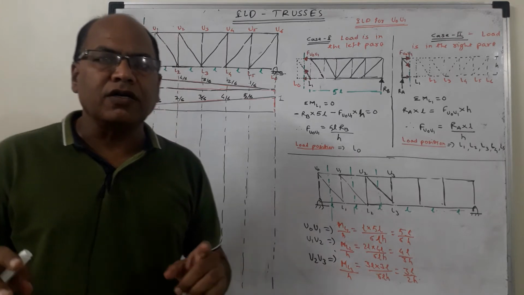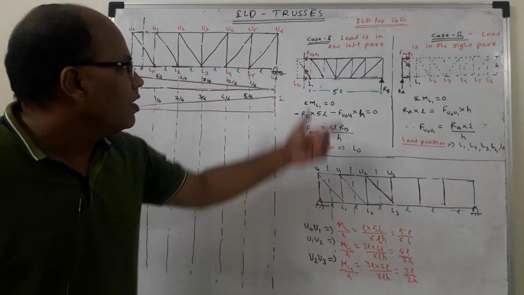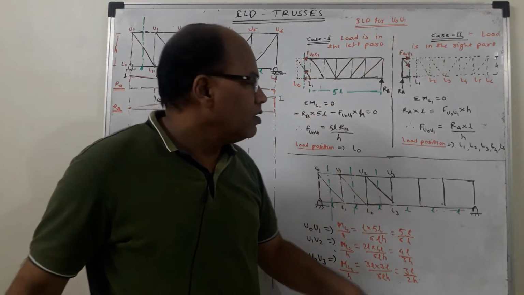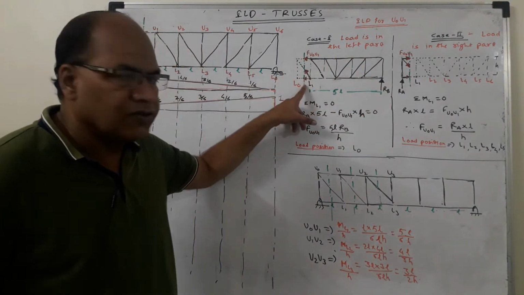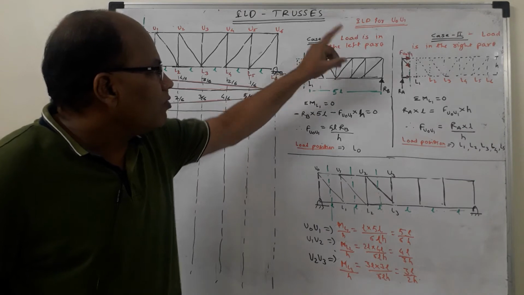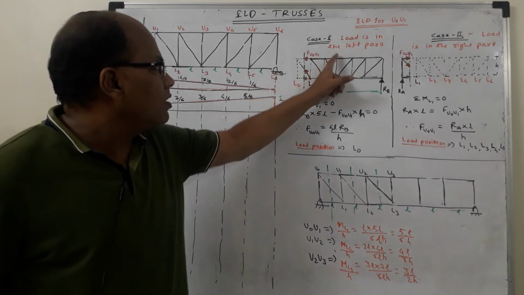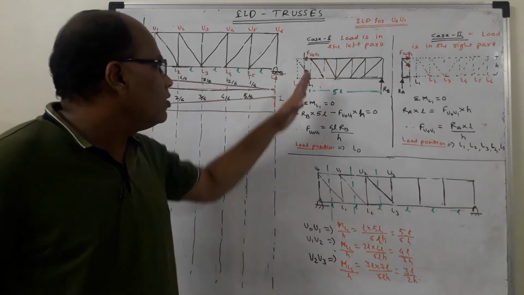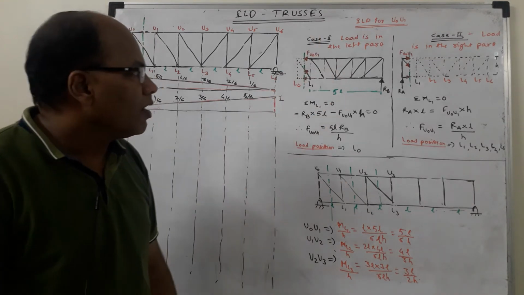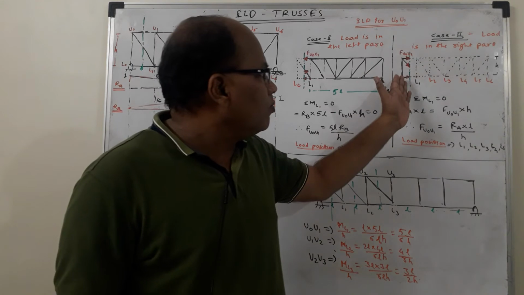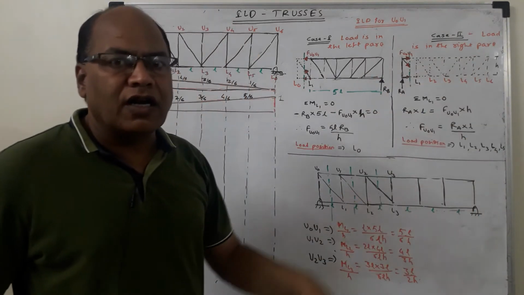So I am going to consider 2 cases, case 1 and case 2. I have shown this section on the truss. Now in case 1, I am going to consider that the load is in the left part, to the left of this section. This is my case 1. In case 2, the load moves to the right part.